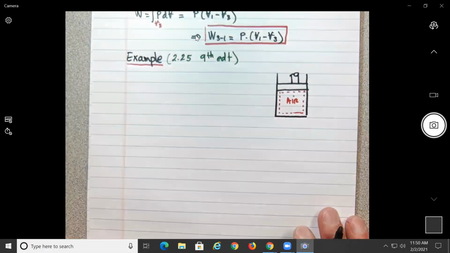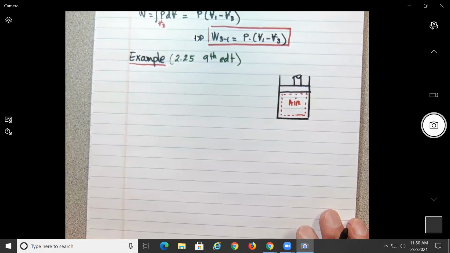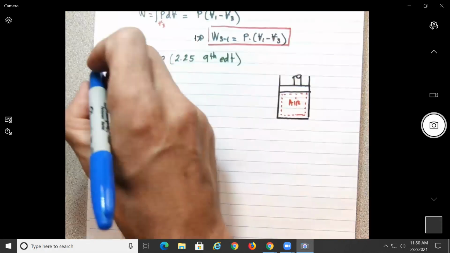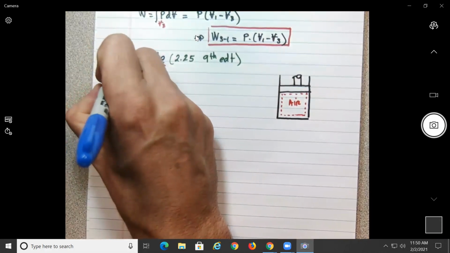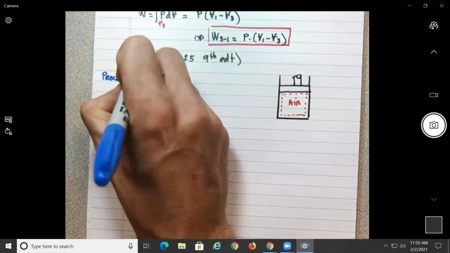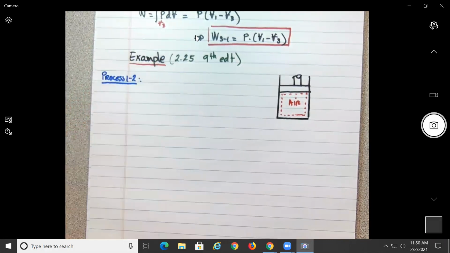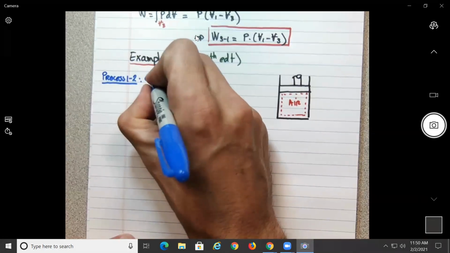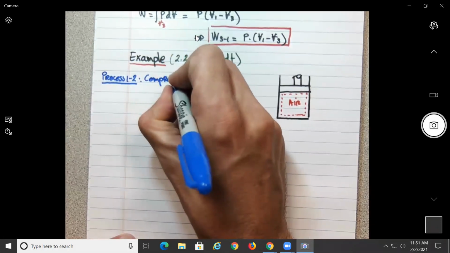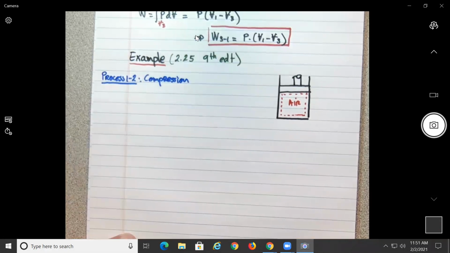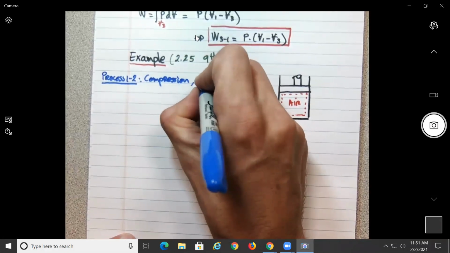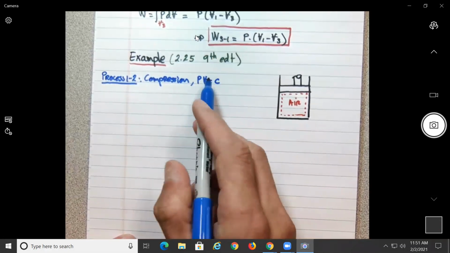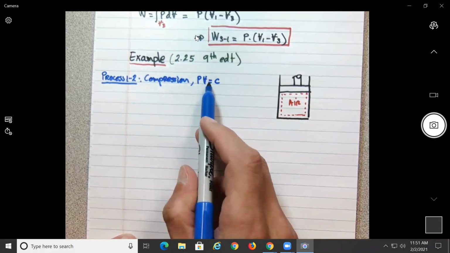All right, so what else do we know? Undergoes 3 processes in series. So let's say process 1, 2, compression, during which the pressure-volume relationship is polytropic, but with k equal to 1.